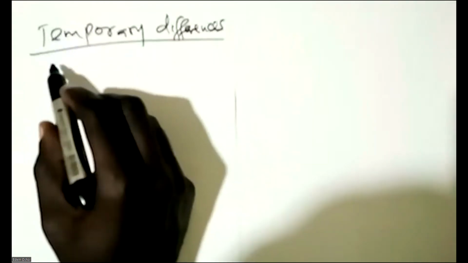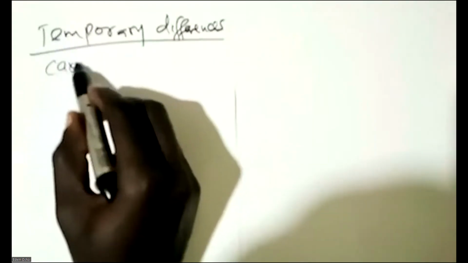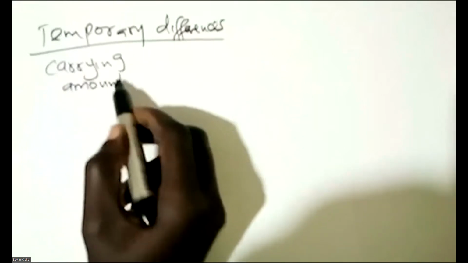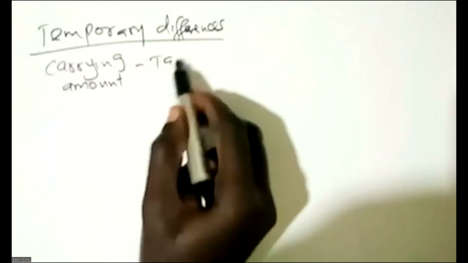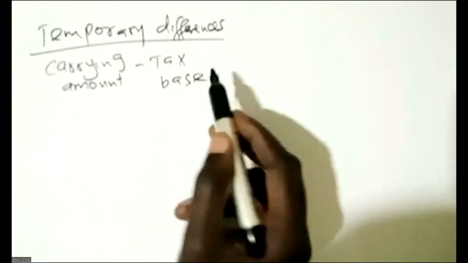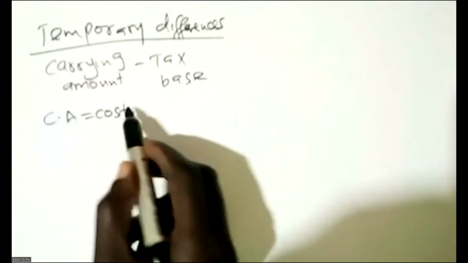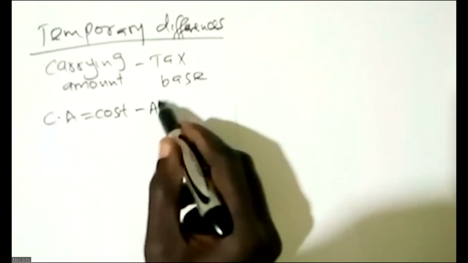Since I have explained what temporary differences are, we always say that temporary differences equal the carrying amount minus the tax base, of which the carrying amount is the cost less accumulated depreciation.